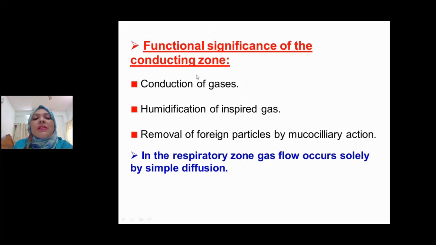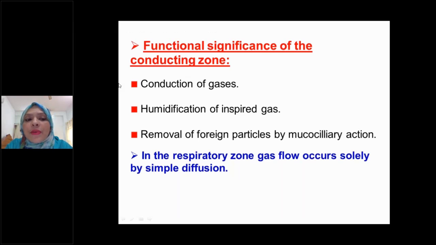So there are 3 functions of the conducting zone. First function is conduction of gases, number 2 humidification of inspired gas, and removal of foreign particles by mucociliary action. And always remember that physiologically the respiratory passage is divided into 2 zones, conducting zone and respiratory zone.